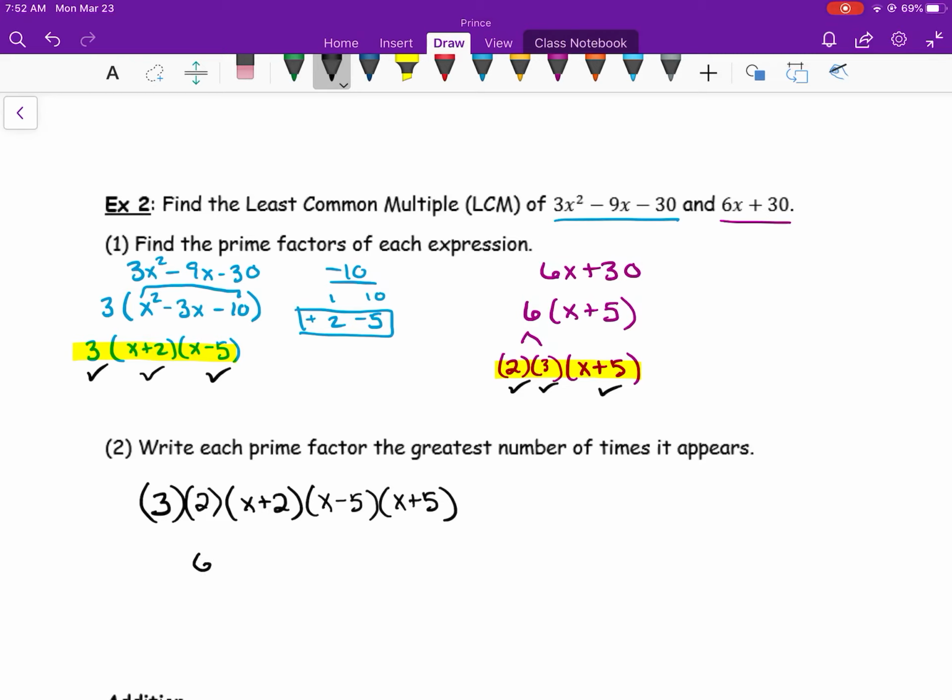So let's clean up a little. 3 times 2 brings me back to 6 times x plus 2 times x minus 5 times x plus 5. Final answer. Just these two problems and their least common multiples. So if they're in denominators, that's what they would have to look like in order to add them together.